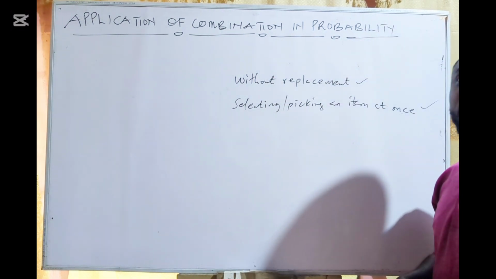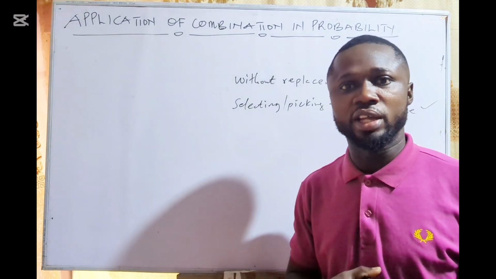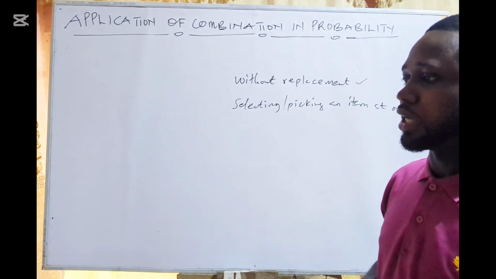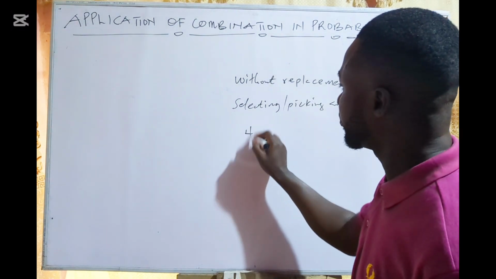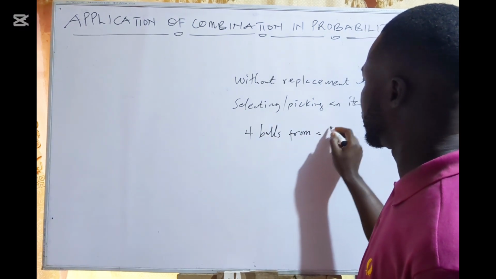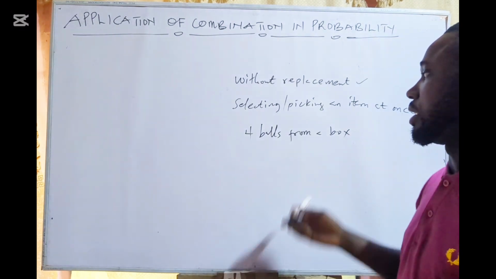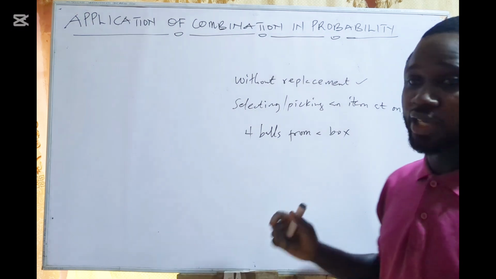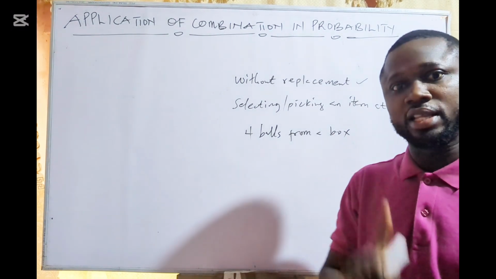All right, and then here, there are some questions where the selection of the items may be many. For instance, if you are selecting maybe 4 balls from a box, and you are asked to find the probability, you have to check the probability of selecting the first, and the second, and the third, and the fourth.